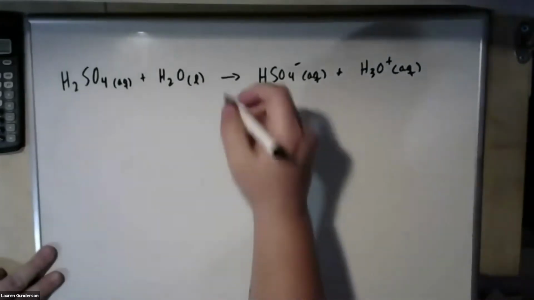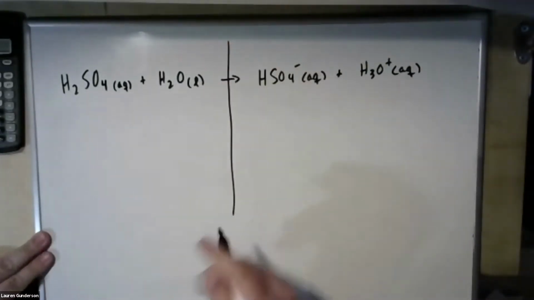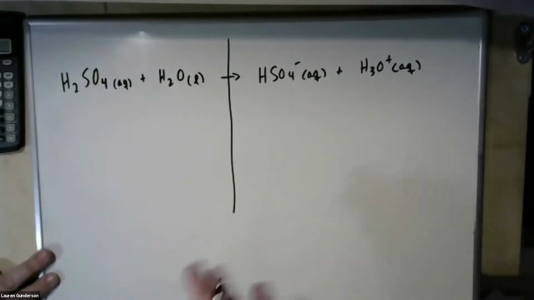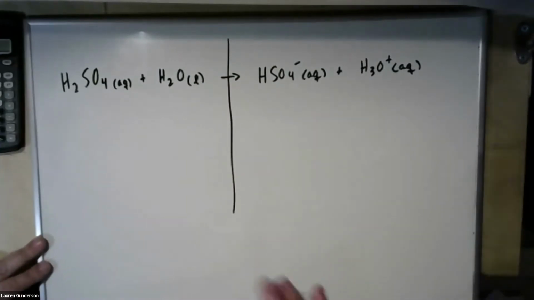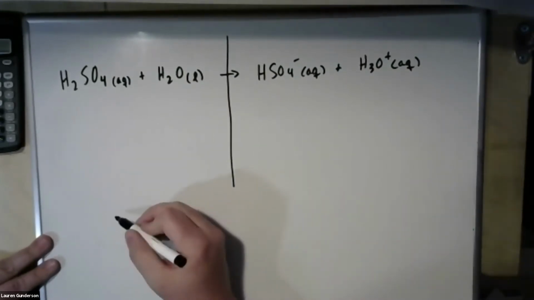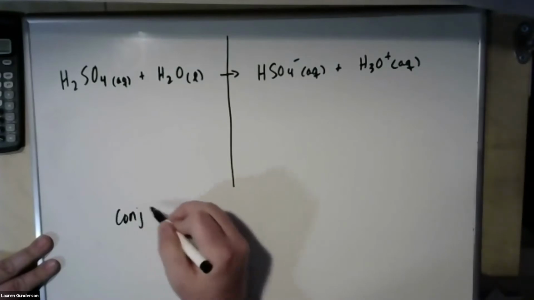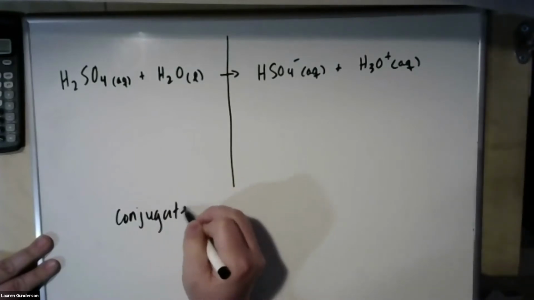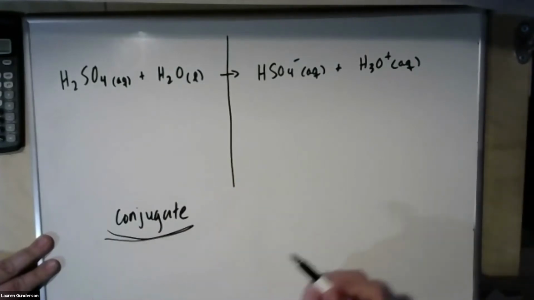When we're looking at the reaction itself to decide, is it acid or base, where are the conjugates, it might be a good idea first to look at what this word means, at least in the way that we're using it here.